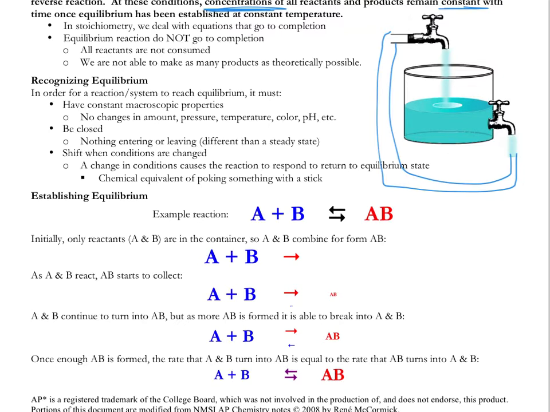And then the last thing, if it's really at equilibrium, if we do something to it, there will be a shift. So if I take away some of my products, the reaction will make more products. If I put in more reactants, then I'll be able to make more products.